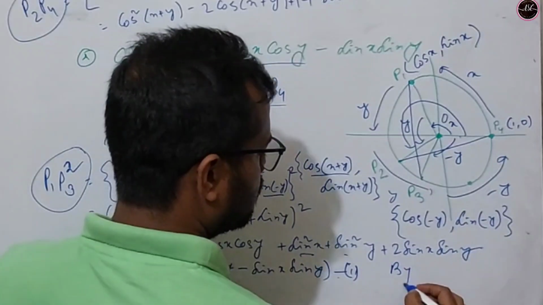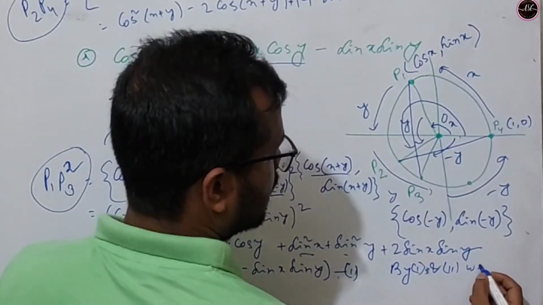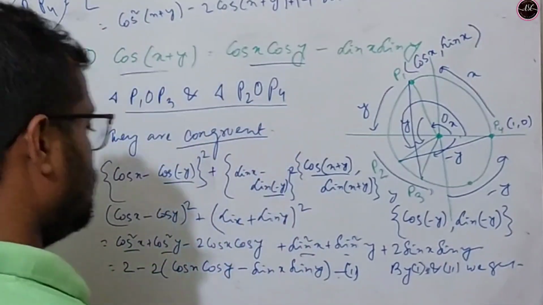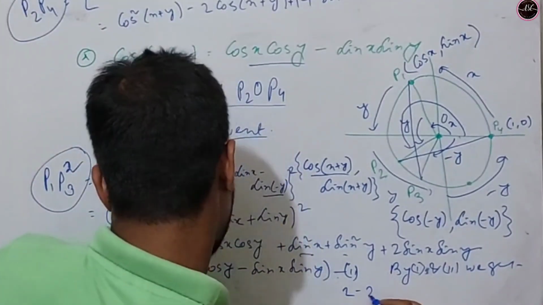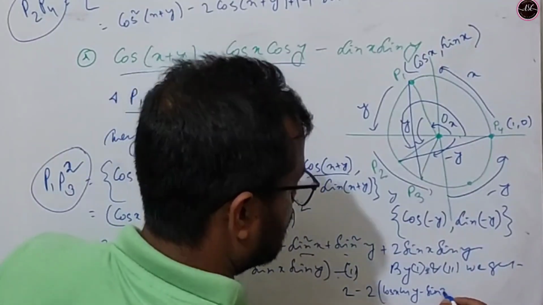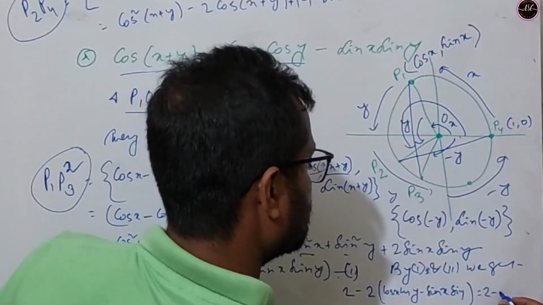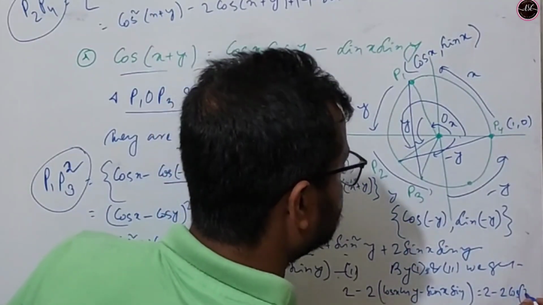By 1 and 2 we get 2 minus 2 times cos x cos y minus sin x sin y equal to 2 minus 2 cos of x plus y.